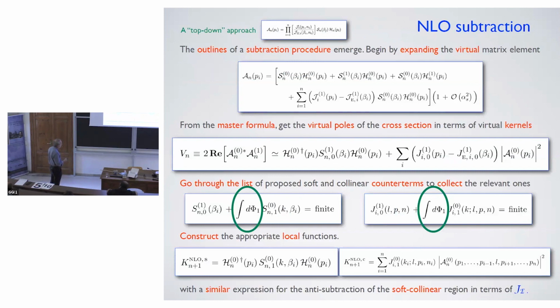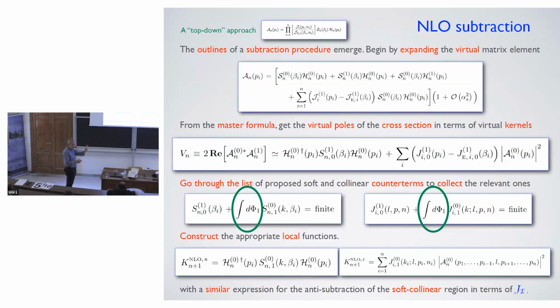So this is a true statement, and when you try to actually do the calculation, you have the eikonal here, you integrate it over the soft phase space, literally just a single particle phase space. If I use the definitions blindly, the integral goes to infinity, so there is a UV pole.